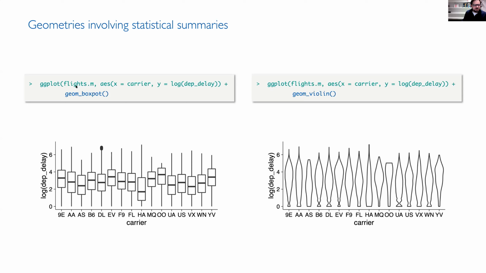For example, here on the left-hand side, I take the flights, all this combined information, use the carrier as the x-coordinate and the logarithm of the departure delay as the y-coordinate, and I add this box plot where I automatically have the median. And this is some interquartile range. I always forget what this means. It's probably the range of the data without outliers or so.